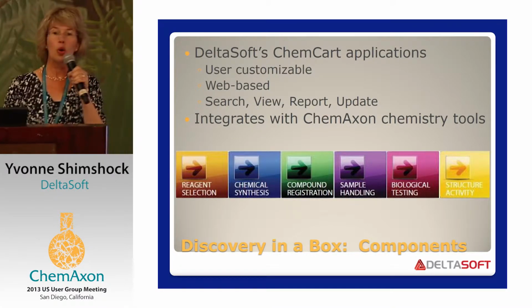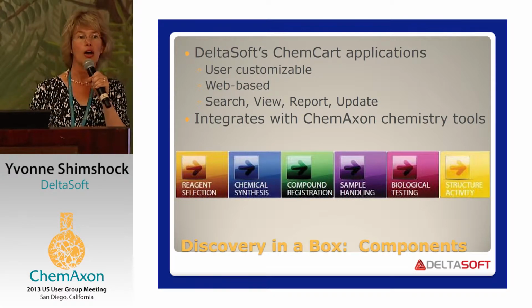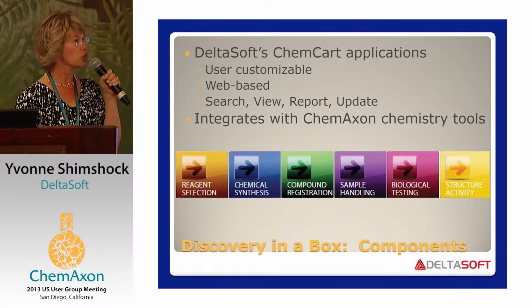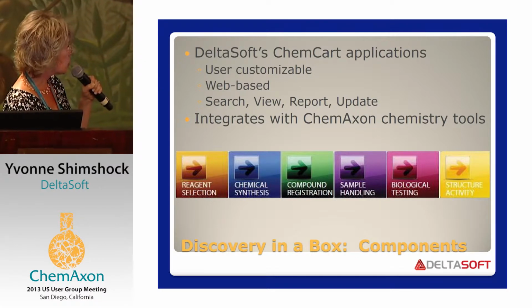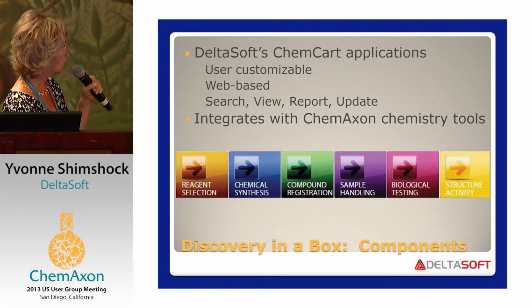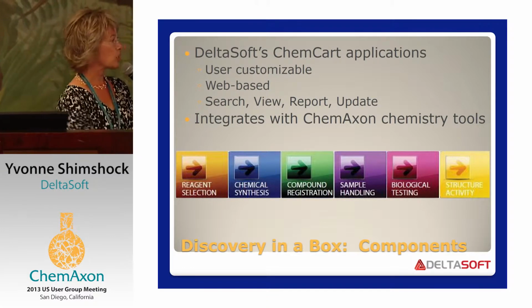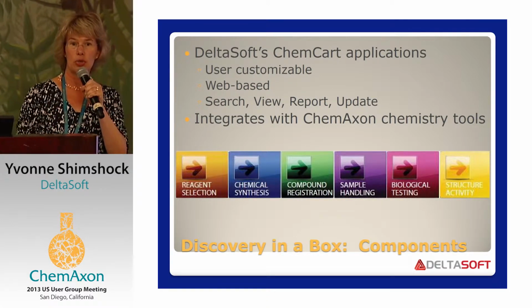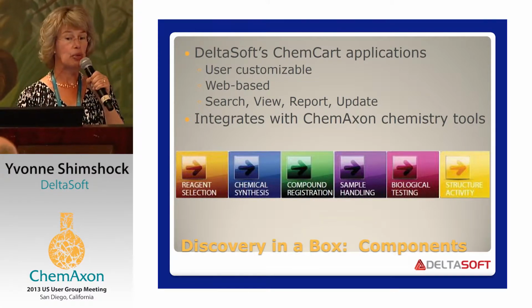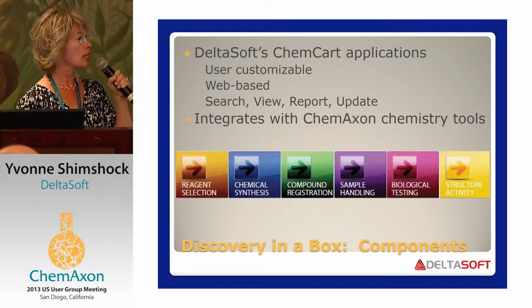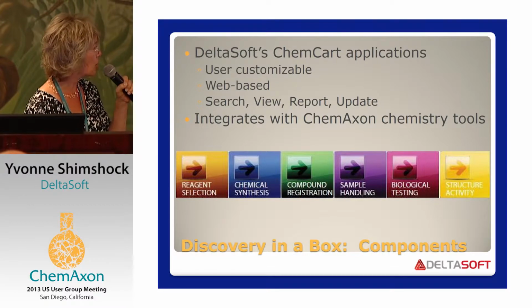Okay. The components of Discovery in a Box span the research workflow, the discovery workflow in the following areas. So we'll provide tools to do reagent selection, to chemical synthesis, then onwards to compound registration, sample handling, then through to biological testing and SAR activity.